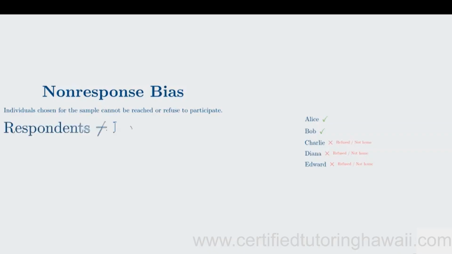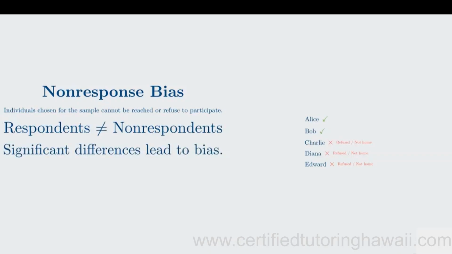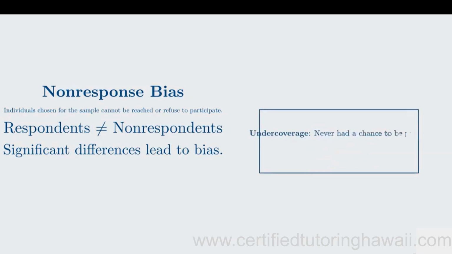The people who did answer may have very different schedules or opinions than the people who didn't. If the non-respondents differ significantly from the respondents in ways that are important to the study, your results will be biased. To keep it clear, undercoverage means they were never on the list to begin with. Non-response means they were on the list, but we didn't get their data.